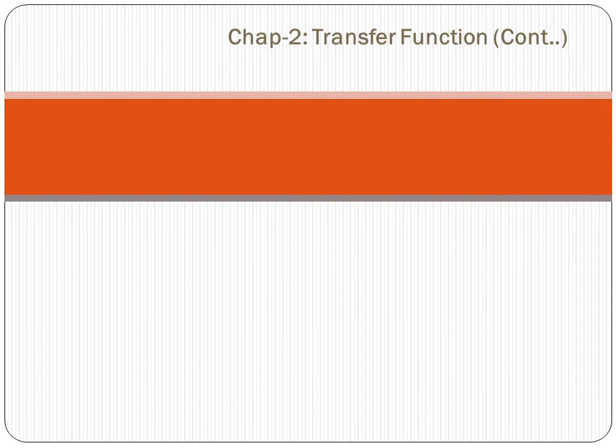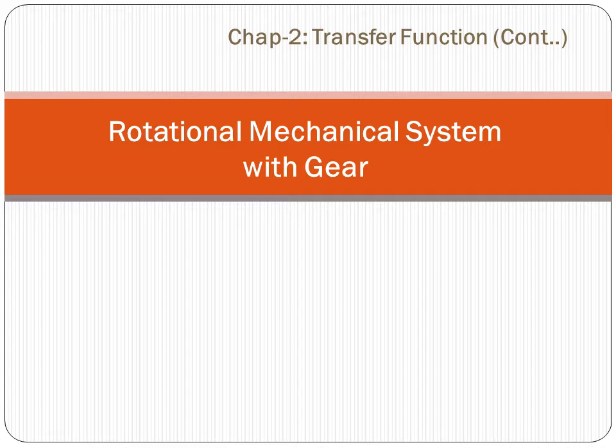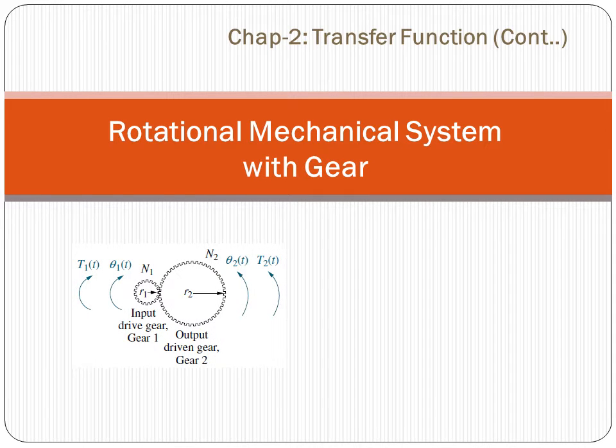Hello, today we are going to learn chapter 2, transfer function on rotational mechanical system with gear. So today the new topic is gear. In a gear what we have is two parts of the gear.